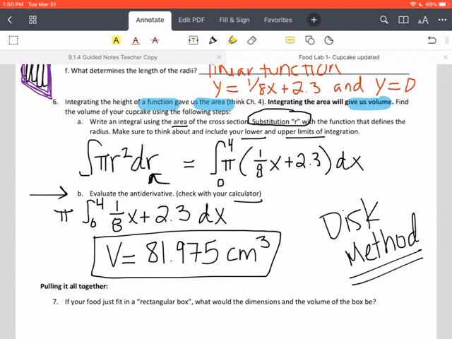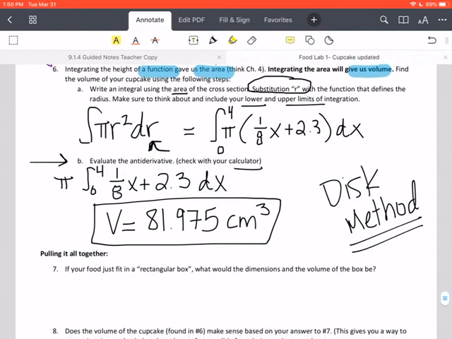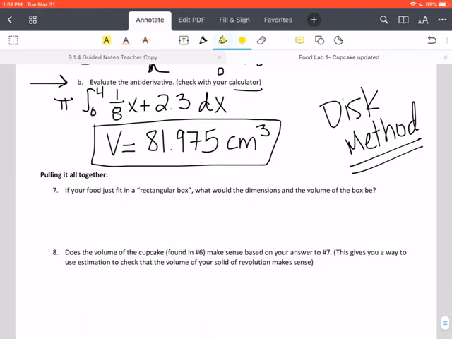So for homework, before you submit these notes or proof that you went through the lab, I would like you to consider questions 7 and 8, pulling it all together and thinking about how you can check to make sure that your answer is somewhat accurate and not completely off track.